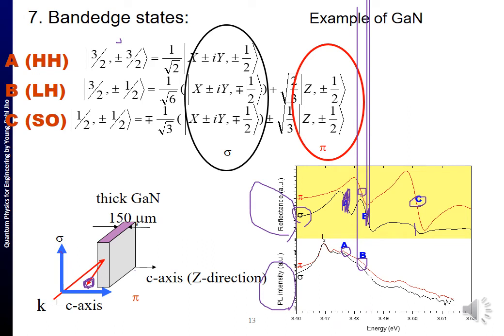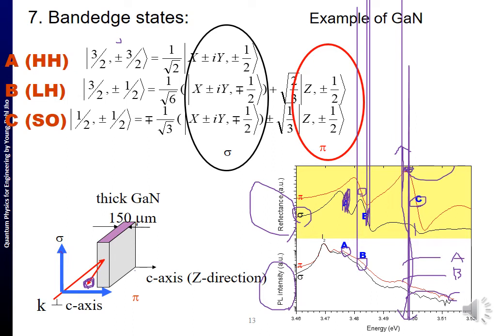This state is almost suppressed because it is relaxed down to the low energy state during the PL measurement. There's A, B, and C. PL means photoluminescence. Photoluminescence means you excite lasers into a very high energy state. Like the electron is excited here, the hole is excited here, and the hole will relax down, the electron will relax down, and the luminescence can be observed only at the band edge state after a certain delay time.